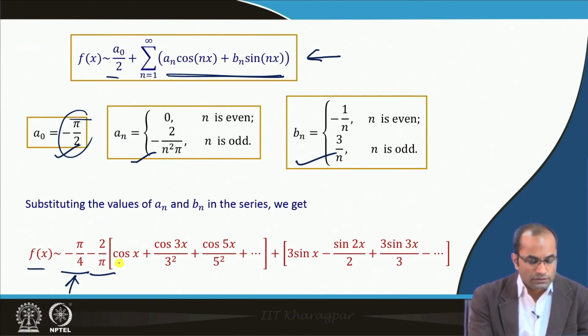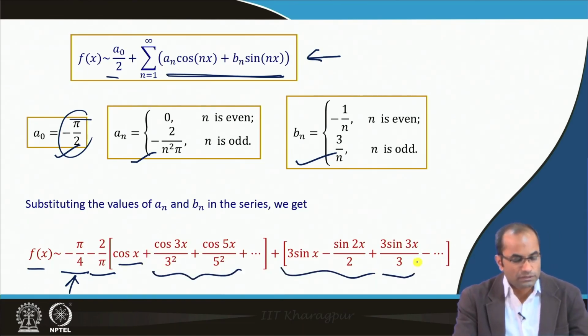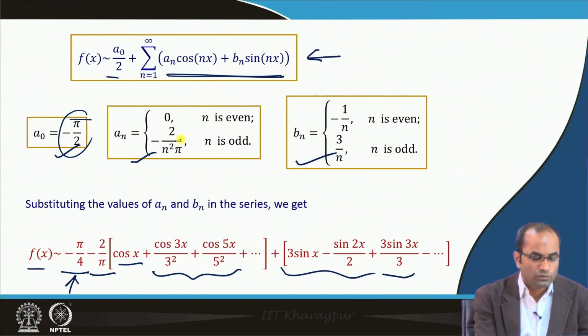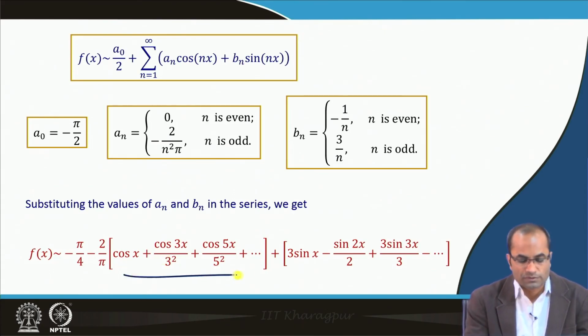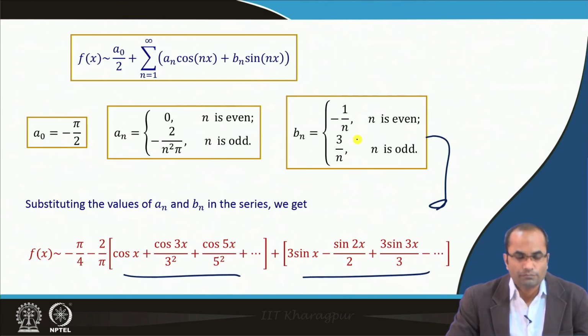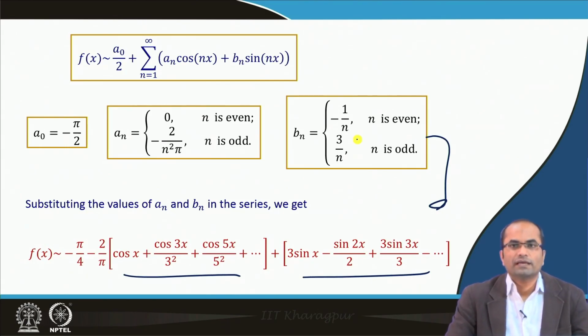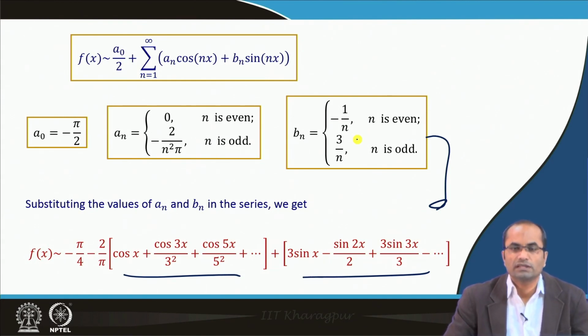This cos series we have just written in expanded form. The 2 over pi is coming because it was there in the cos coefficient, and then we will get these cos terms, and the sin terms will come exactly from the b n. In this way we can obtain the Fourier series for a given function. The function was piecewise continuous.